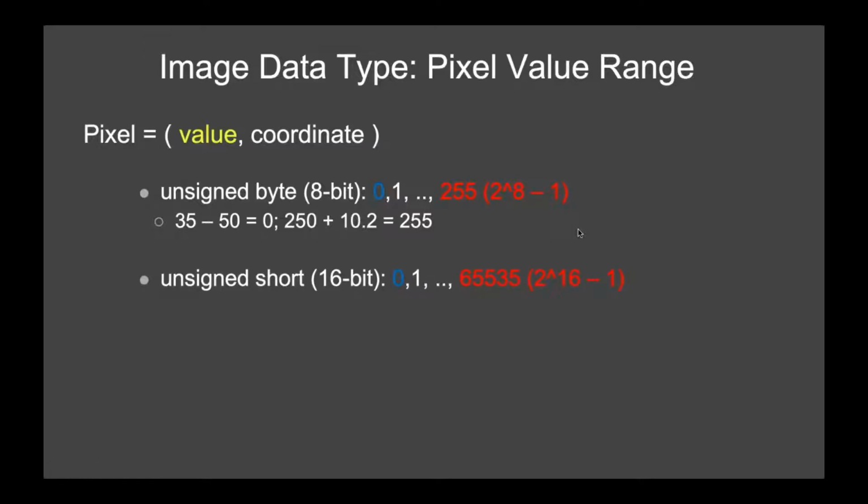Another very popular data type is unsigned short or 16-bit images. So here you can have higher values, but they only help you a bit. You still cannot have negative numbers. Now you can go beyond 255, but still the .2 will be ignored because it cannot be represented in this data type.